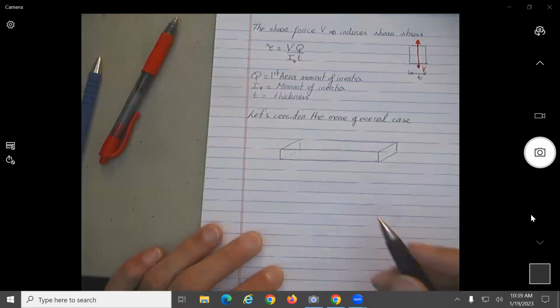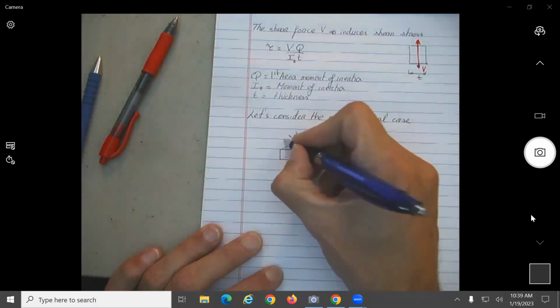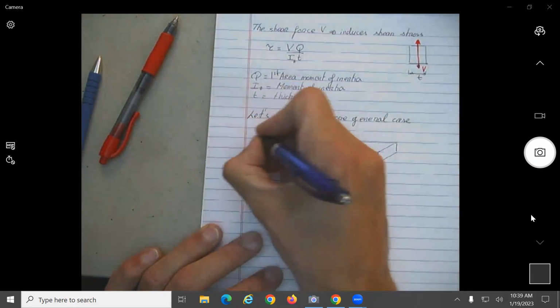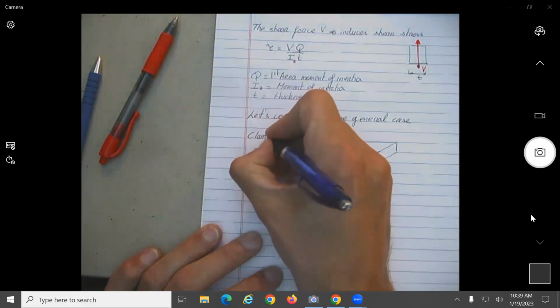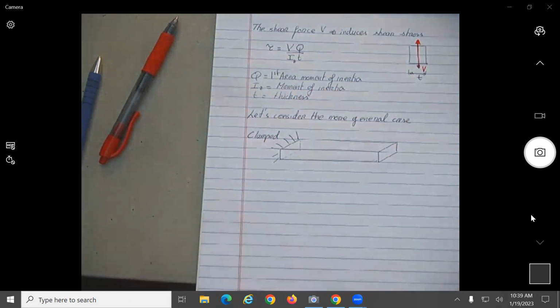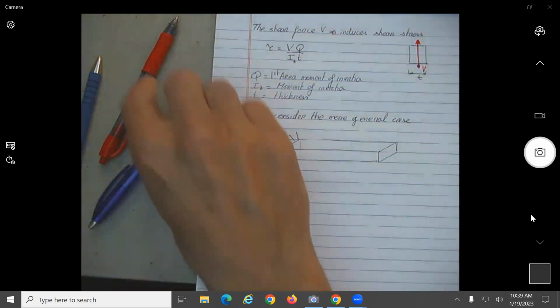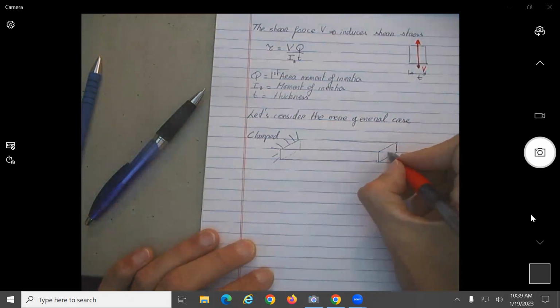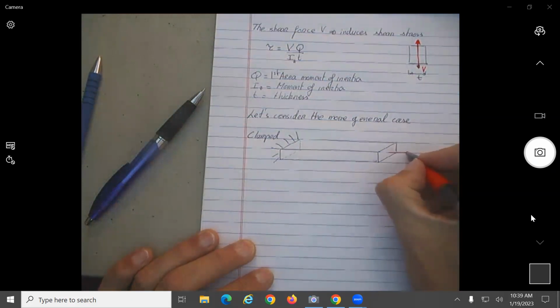Okay, so in order to simplify, I'm going to make this a clamp, or cantilever. It's just to show the forces. So in this case, what we're going to have is a force on the x.